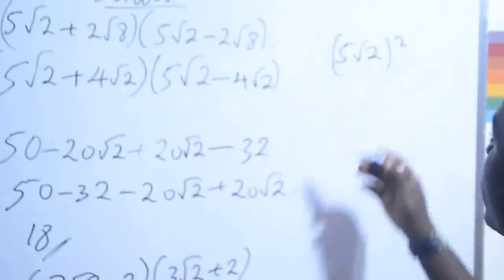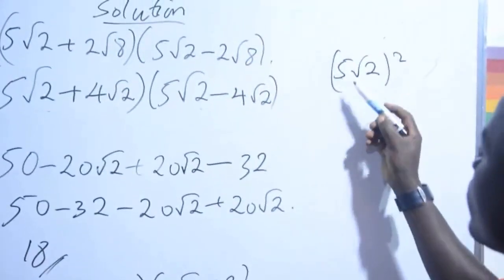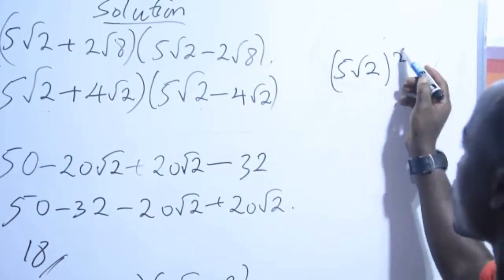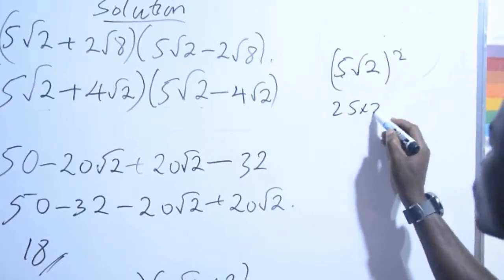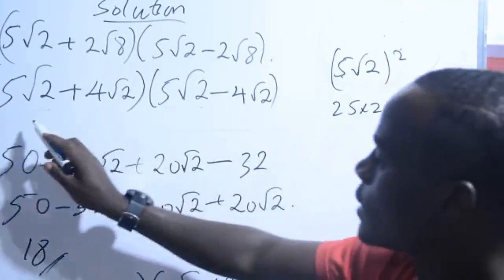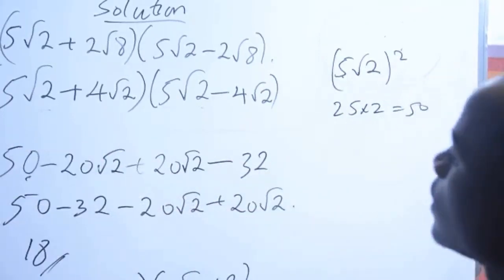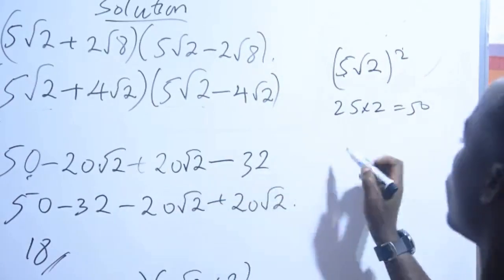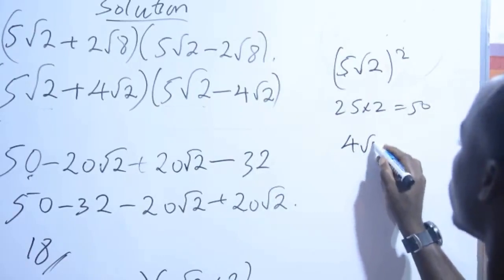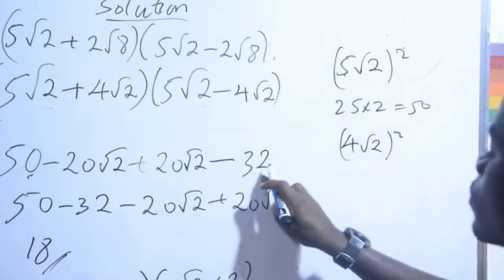Okay? And then if you check, this is 25 and then this is 2, because this square will affect this to give us 25 and this will affect this to give us 2, which is the 50 we got here, isn't it? And then look at this other one now. This is the same thing as saying 4 root 2 all squared, that is this 32.